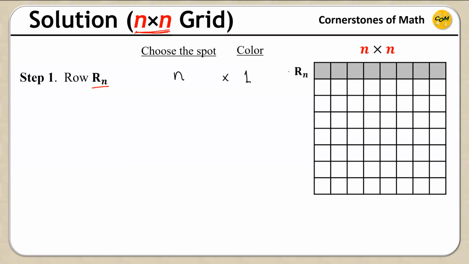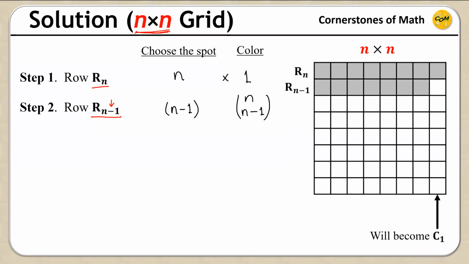So let's suppose that row Rn is determined. The next step is determining the location for row Rn-1 and coloring it. The number of remaining rows is n-1. And as for the ways to color that row, we have to choose n-1 squares or columns, hence the number of ways is n choose n-1.